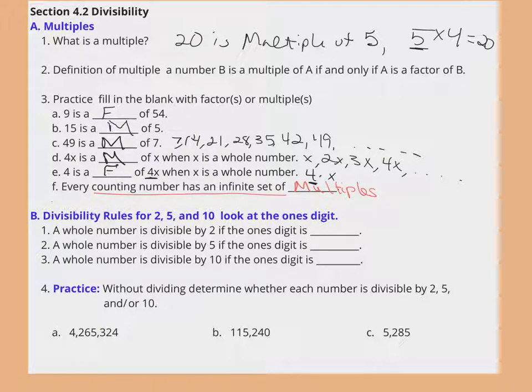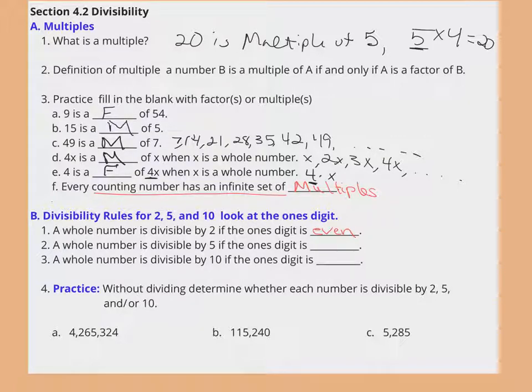So if we look at the divisibility rules for 2, 5, and 10, what we want to look at is the ones digit. A whole number is divisible by 2 if the ones digit is, well, we know that. We know that a number is divisible by 2 if the ones digit is an even number. So if we end with an even number, we know that our number is divisible by 2.